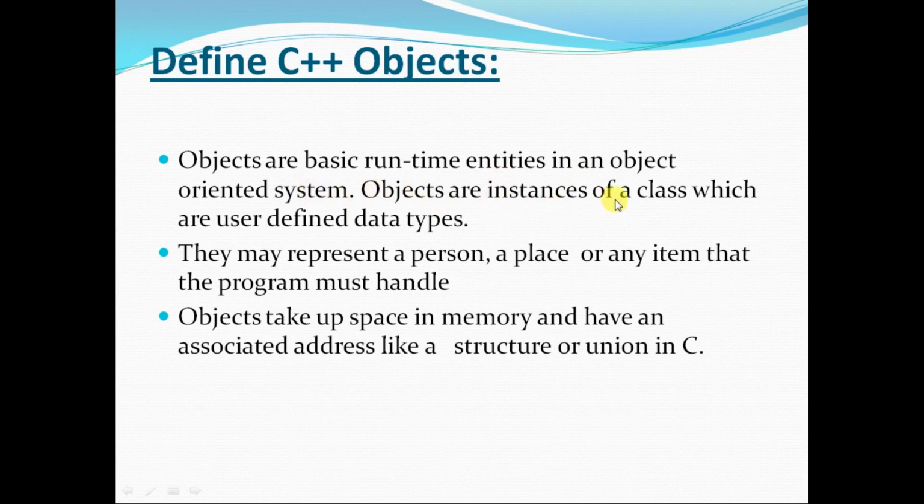Objects are instances of a class, which is a user-defined data type. They may represent a person, a place or any item that the program must handle. Objects take up space in memory and have an associated address like a structure or union in C. But a class doesn't take space in memory, but without any class, we cannot create any object.